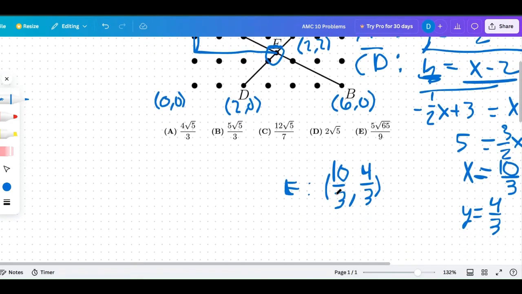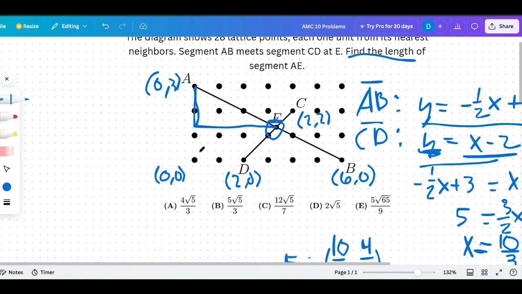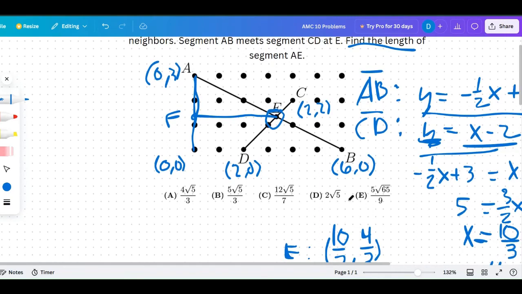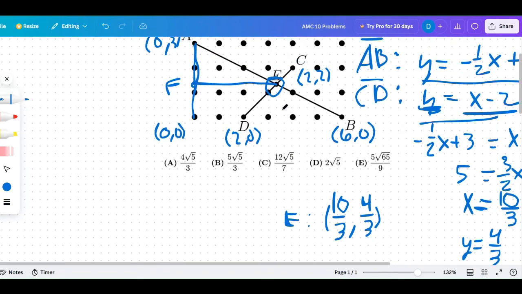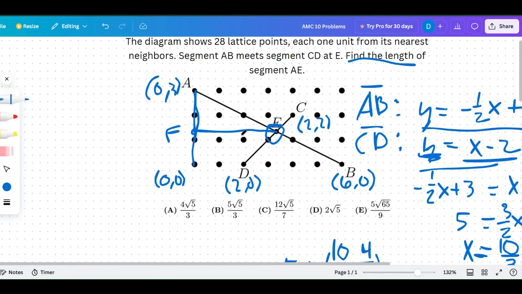So E is at 10 over 3, and we'll call this point F. The point F has an x coordinate of 0, and the point E on the same line has an x coordinate of 10 over 3. So we know that FE is 10 over 3.